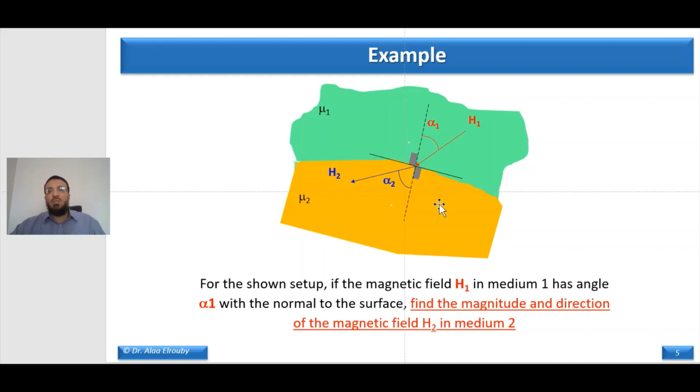The boundary condition on the tangential component: H tangential 1 minus H tangential 2 equal K, which is the surface current. In this problem, we have zero surface current. So please pause the video now and try to solve this example yourself. This is the best way to learn and apply correctly. I'm assuming now you are back from the pause, and let us solve this example together.